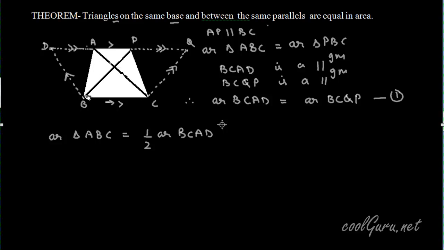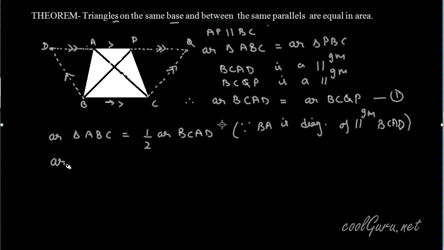And we know that diagonal divides the parallelogram into two equal triangles, equal areas. Therefore, area of ABC is half the area of parallelogram BCAD because BA is diagonal of parallelogram BCAD, and this we know that diagonal divides the parallelogram into two triangles having equal area.